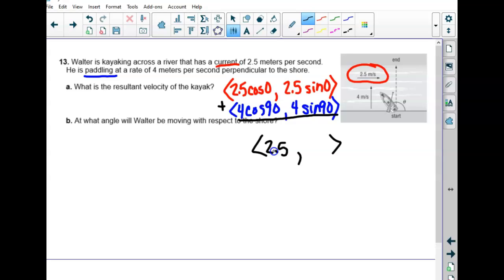And then 2.5 sine of 0 plus 4 sine of 90 should be 4 because the only force going, does that make sense to anybody? Because they were directly opposing. Okay. But this is the same pattern we're going to use for all of them. So I want us to actually think about typing it in. Okay. How do we find magnitude or resulting velocity? Square root of 2.5 squared plus 4 squared.